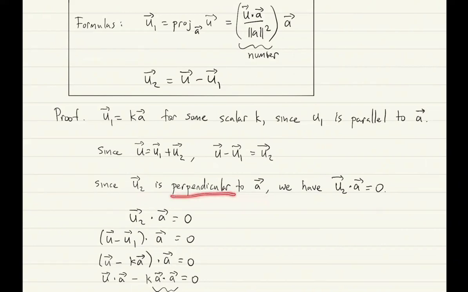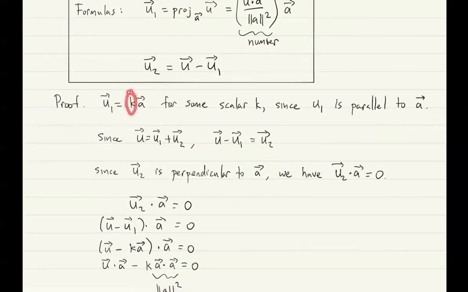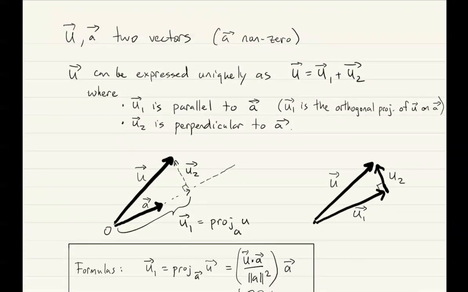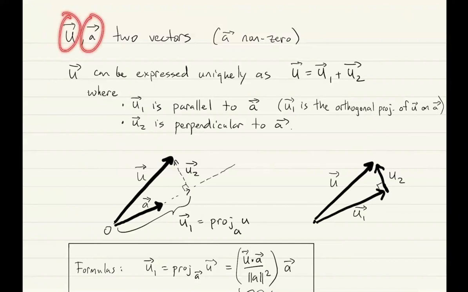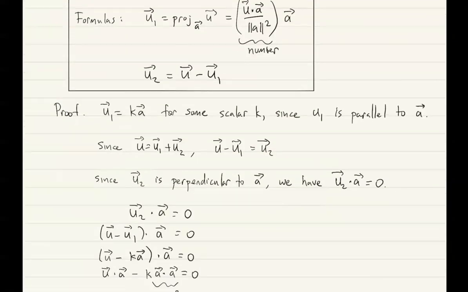Because perpendicularity is easy to detect by the dot product, namely the dot product is 0, this means that u2 dot a is equal to 0. Again, what we're trying to do is find what exactly this value k is in terms of just the two vectors u and a that were given at the outset. Again, here is going to be our final answer, but pretend we don't know that just yet.